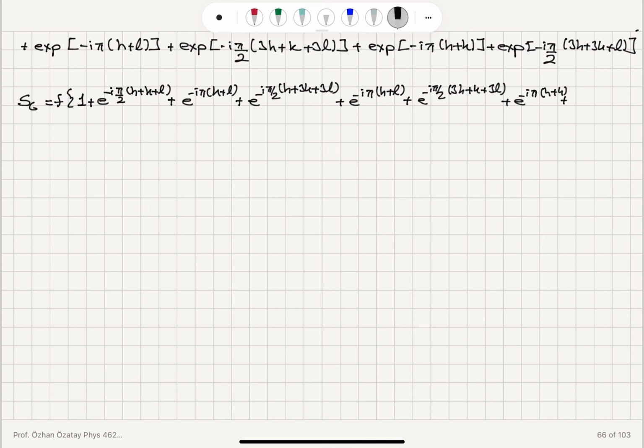And finally, we have e to the minus i pi over 2, 3h plus 3k plus l.